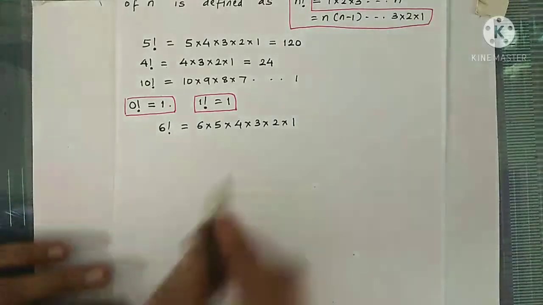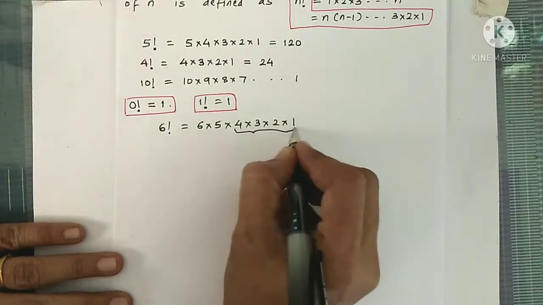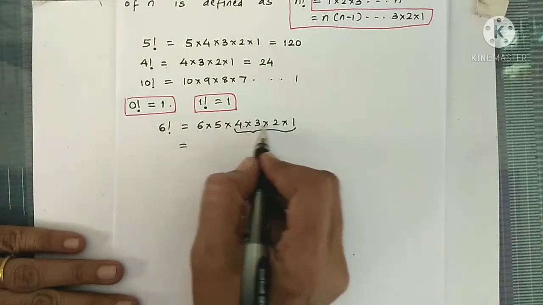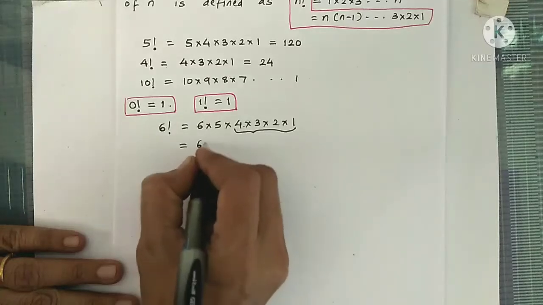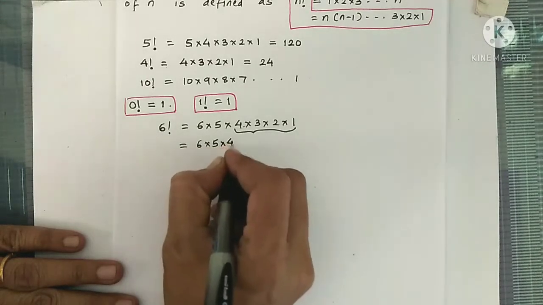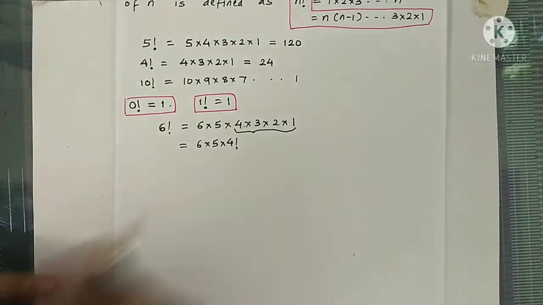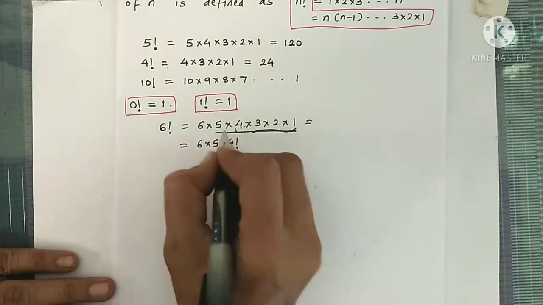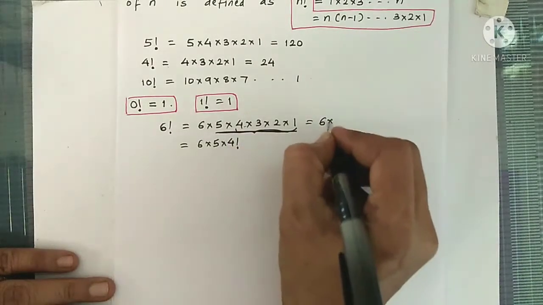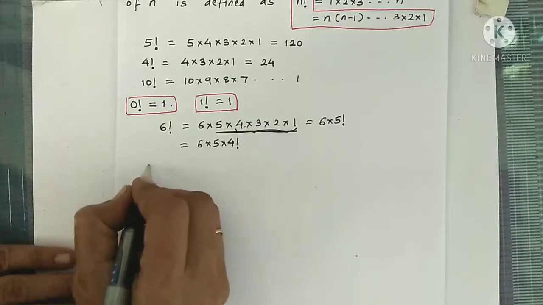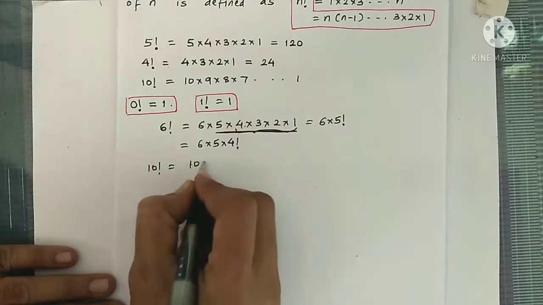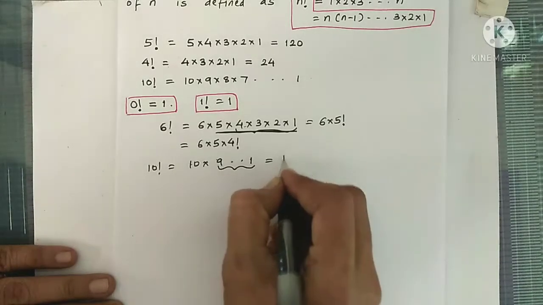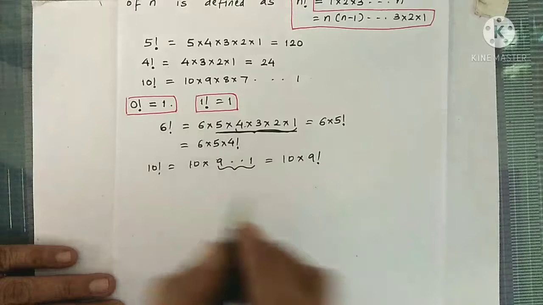But if we consider the part starting with 4 and going up to 1, then by our definition it is 4 factorial, so 6 into 5 into 4 factorial. Or if I take the part from 5 up to 1, then this is 5 factorial, so this is 6 into 5 factorial. Similarly, 10 factorial is 10, 9, 8, 7 up to 1, but the part from 9 down is 9 factorial. So this is 10 into 9 factorial.